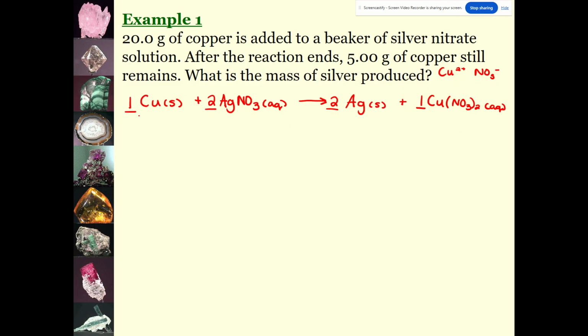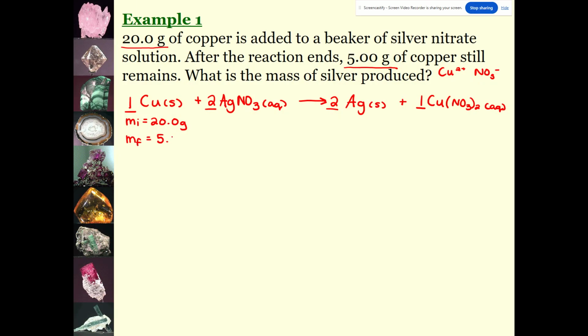Now, like I said, in this question, we are given the initial mass of copper of 20.0 grams. We're not being told that 20 grams of copper is reacting. That's usually what questions say when the entire amount is reacting. It's saying they're adding 20 grams of copper, but when the reaction ends, there is still 5 grams of copper left.